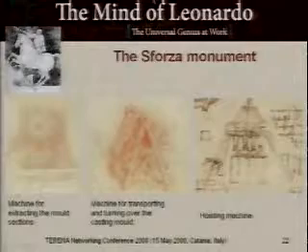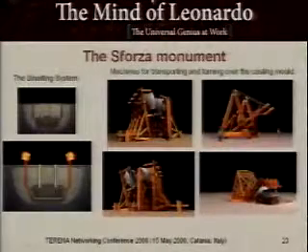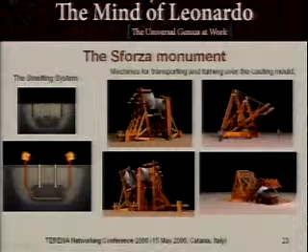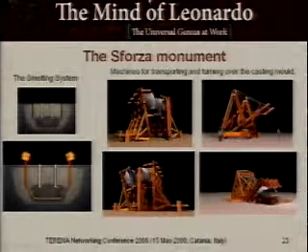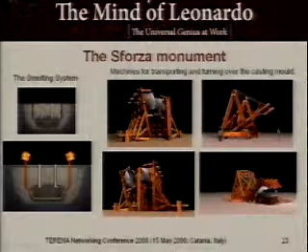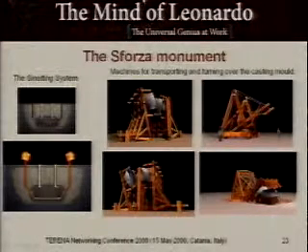Here you can see some drawings and machines for extracting the mold sections, a machine for transporting and turning the casting mold, a hoist, and here he studied the smelting system to put the bronze in the casting.